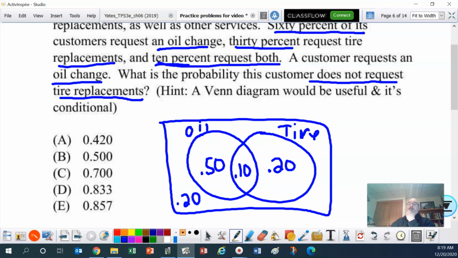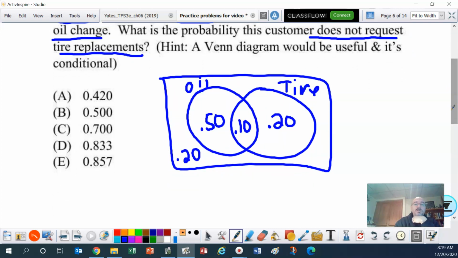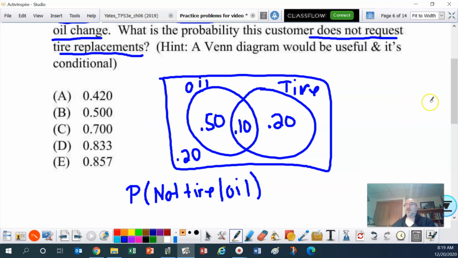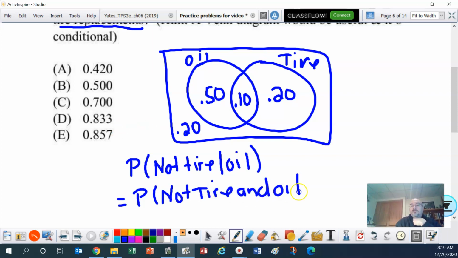Okay, well, let's think about this. I've got to write this out. So the question is, what's the probability of not a tire rotation given an oil change? All right. Well, remember what this means, folks. This means the probability of not tire and oil divided by the probability of oil.